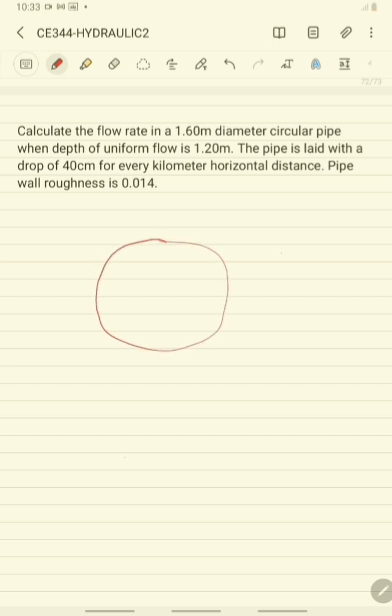So our pipe is a circular pipe. Given are the diameter, 1.60 meters, then depth of flow is 1.20 meters. Since our diameter is 1.6 meters, half full is 0.8 meters, so we can say that the 1.2 meters depth is at this point.